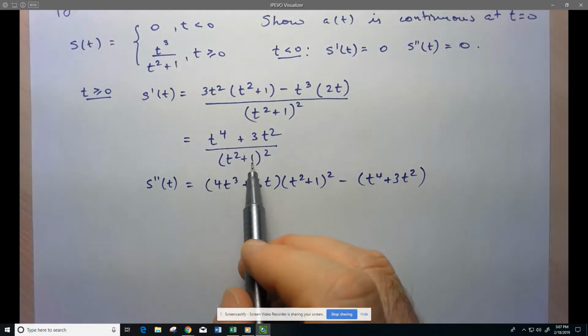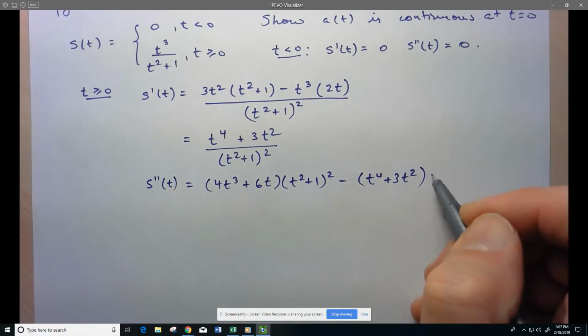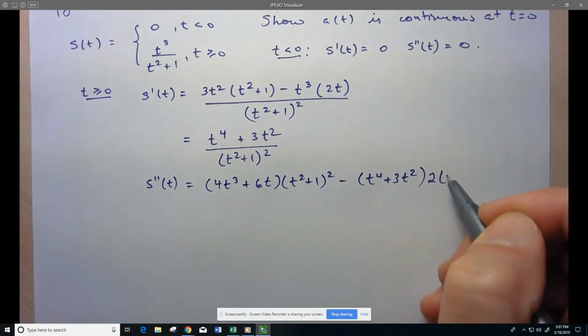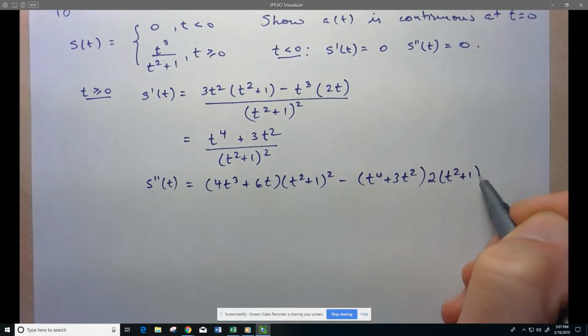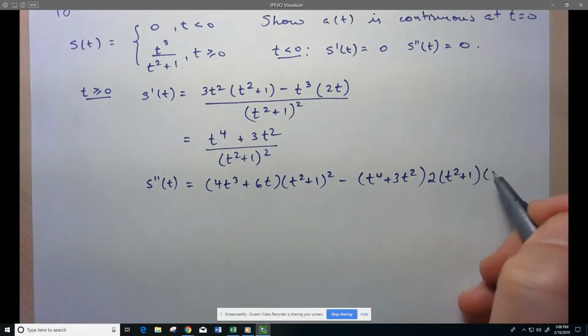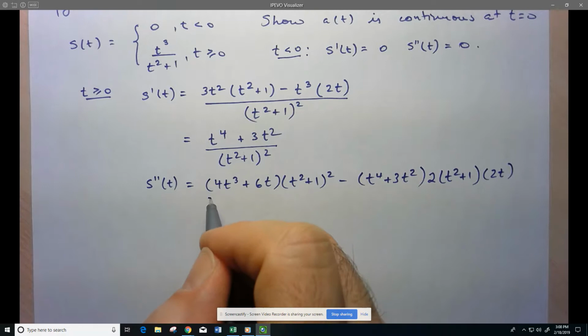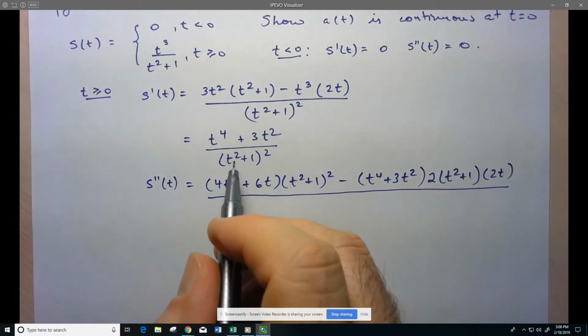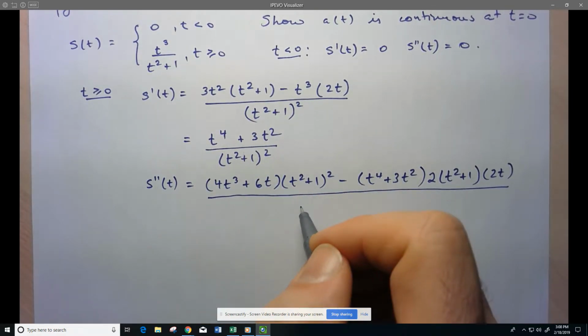This is my u squared, whose derivative is 2u, so 2 times t squared plus 1 times the derivative of u, which is 2t. And all this is over the square of the denominator function, so that's going to end up being t squared plus 1, all to the fourth.